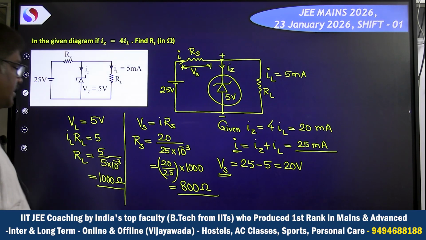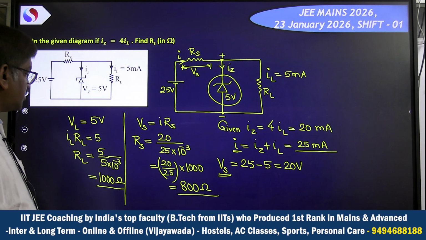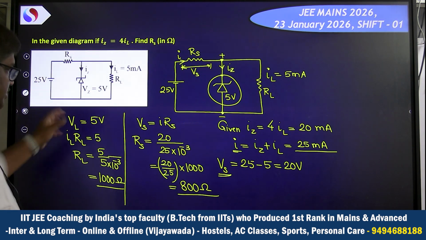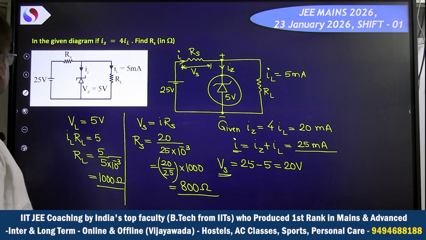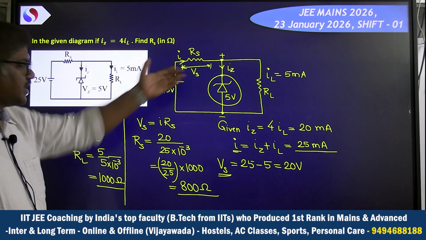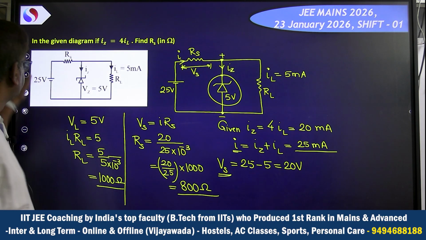Alright, 5 upon 5 milliampere gives you 1000 ohm. So here in this question, the correct answer is 800. I just added one more thing, because it is memory based, you don't know, maybe they are asking RL, so I calculated that value also.